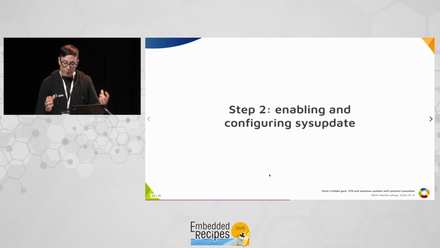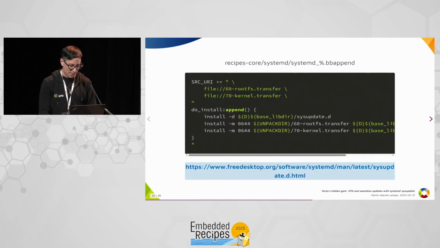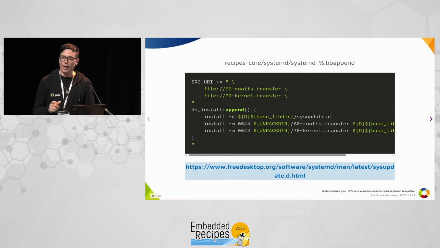Okay, so the next thing will be just to enable and configure sysupdate. The first thing is kind of the obvious thing: you have to build systemd with sysupdate enabled, and for example, you can also enable sysupdate D, which is the debug service. The very important thing here is that you also have to provide something called a transfer file.